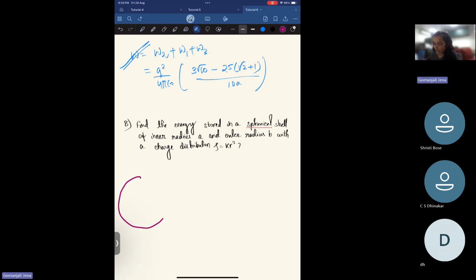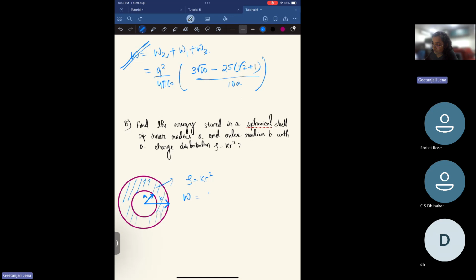So we have a cavity here. The inner radius is a, the outer radius is b, and we fill the space with the volume charge rho equals k r square.